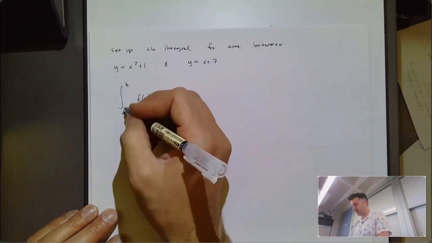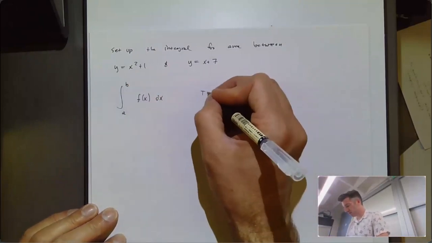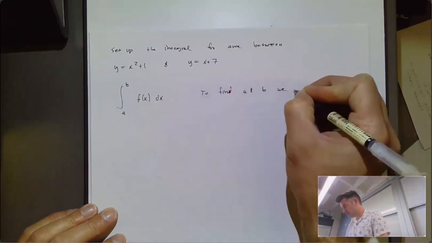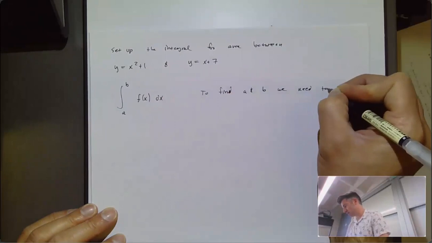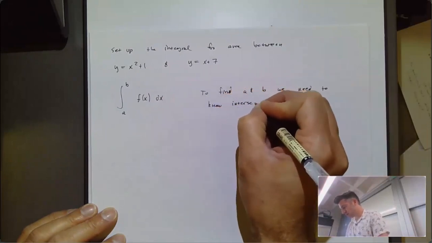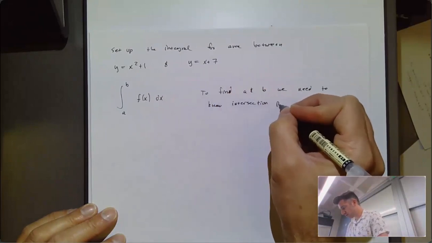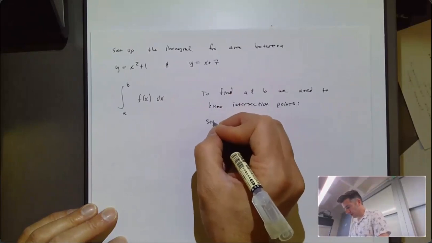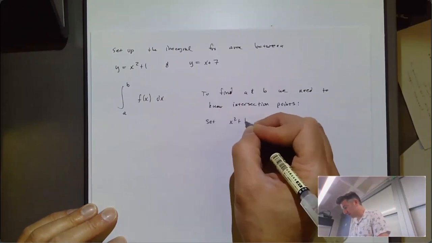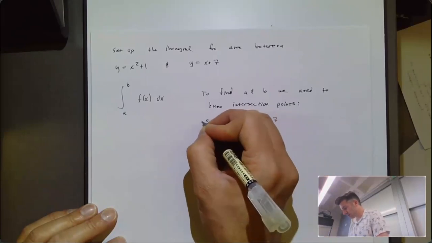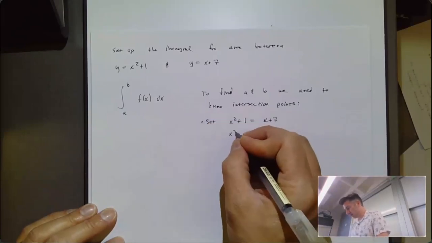To find the limits of integration, we need to know where these functions intersect. So we set x squared plus 1 equal to x plus 7. Bring everything to a convenient side. I'm going to bring it to the left.